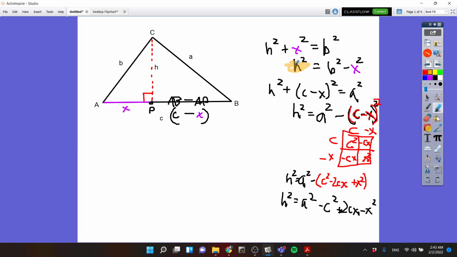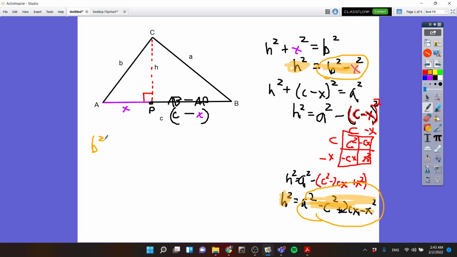I use h squared up here is equal to these things. So great, h squared is equal to that. Well, down here, h squared is also equal to these things. So I'm going to take these things and these things and set them equal. So maybe I'll use orange since I started with that. This thing equals this thing, and I'll just put them over here for now.